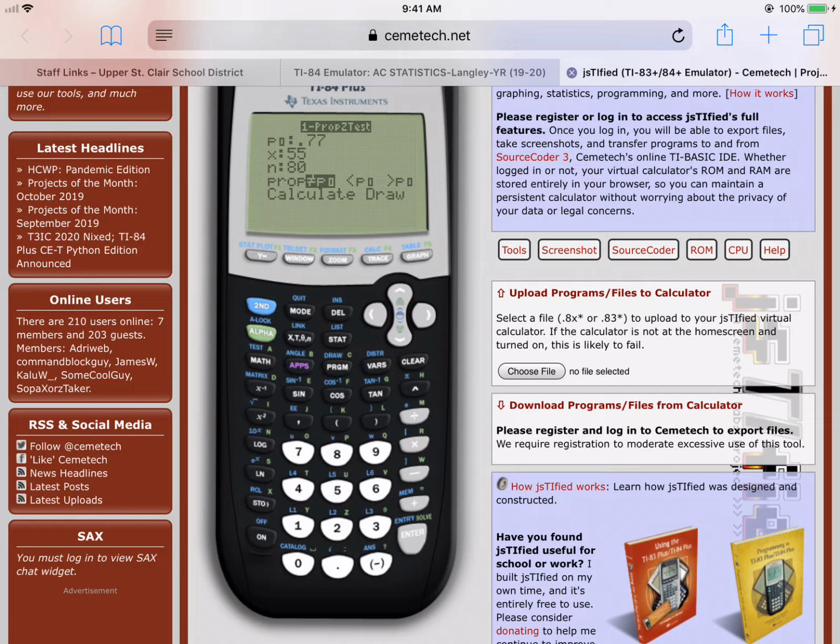The default setting is not equal to, which would mean it's a two-sided alternative hypothesis. That's not what we had. We had that p was less than 0.77, that null value. So we need to go over and hit enter to have it less than that p sub 0 value. And then we'll go down to hit calculate.